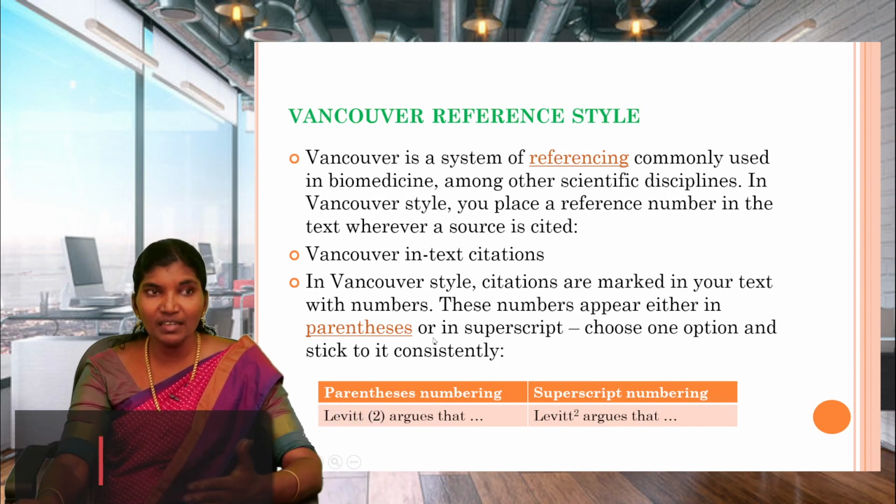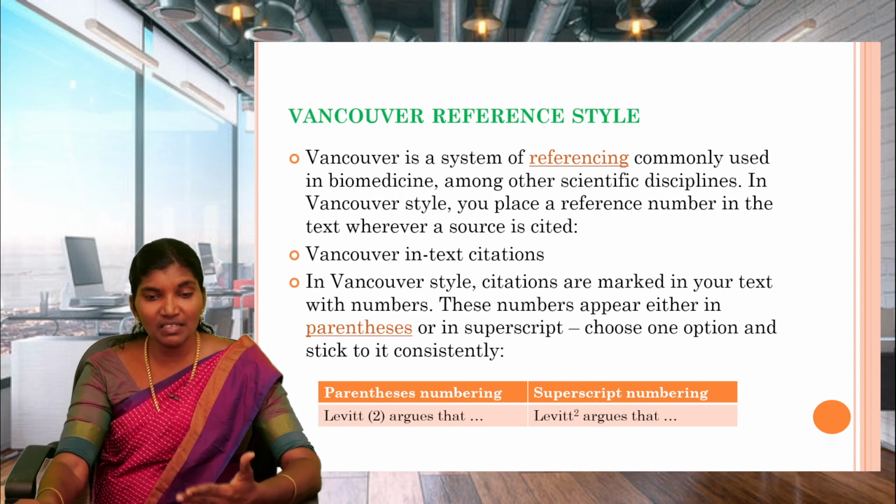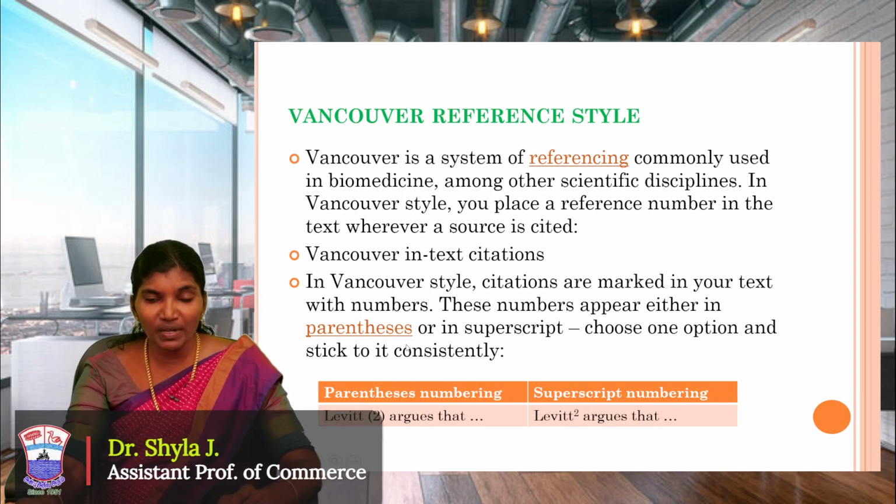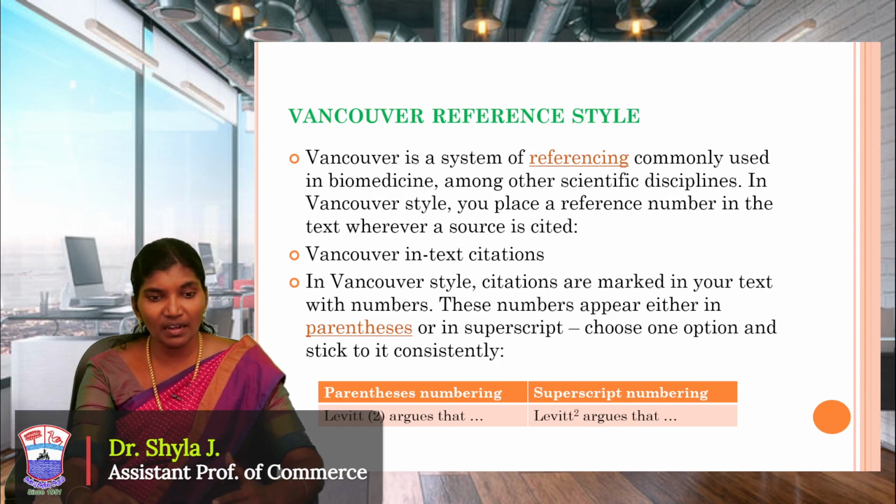You can see this in science-related research articles: if information is quoted from another source, they normally mention it either within parentheses or with numbers in superscript. The reference of that number denotes the reference details.